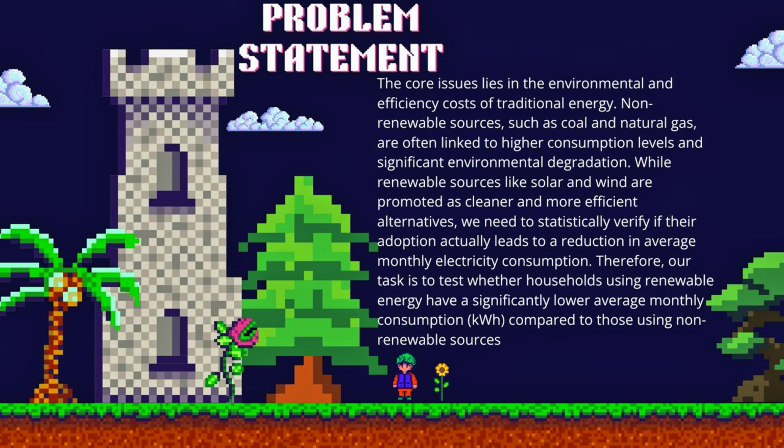We need to statistically verify if their adoption actually leads to a reduction in average monthly electricity consumption. Therefore, our task is to test whether households using renewable energy have a significantly lower average monthly consumption compared to those using non-renewable sources.